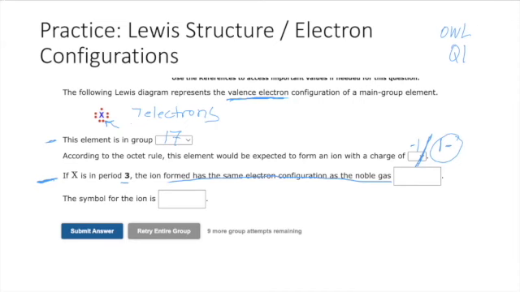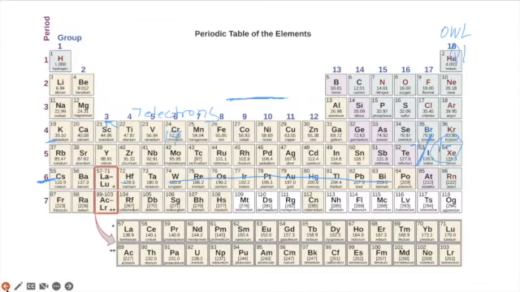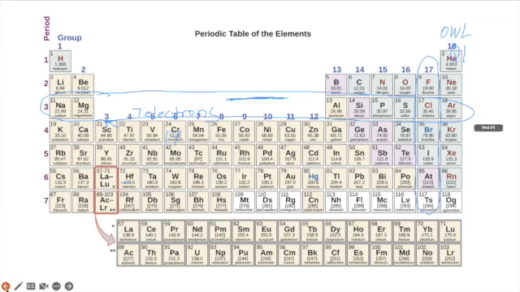So let's go back to that periodic table. Let me erase some things. So we know my specific element I'm solving for is in group 17 and period 3. Where these intersect, my element is chlorine.